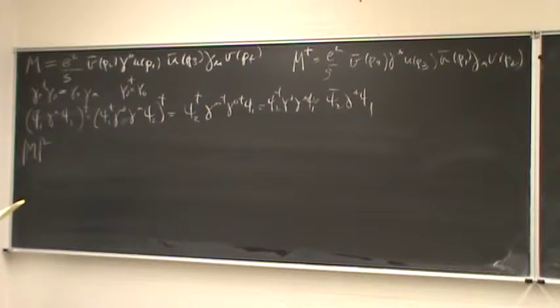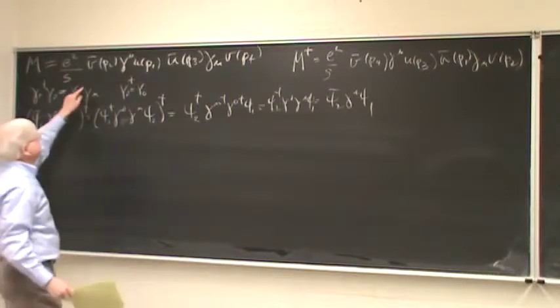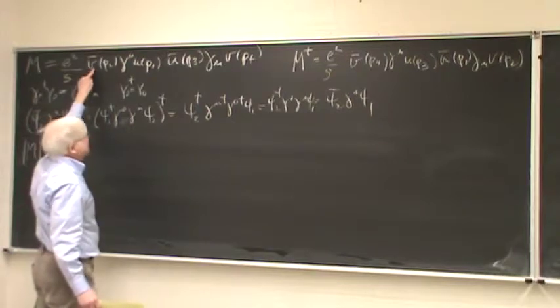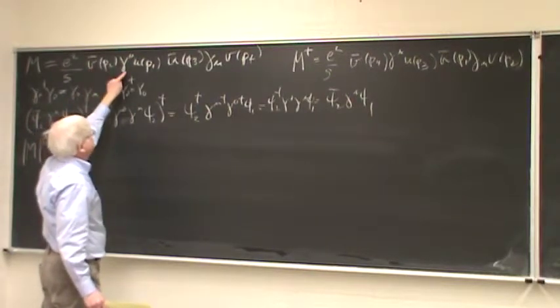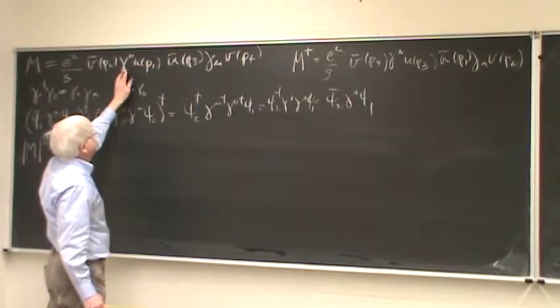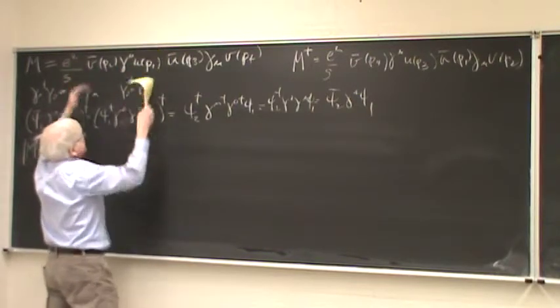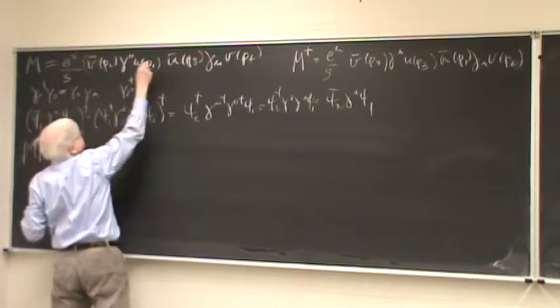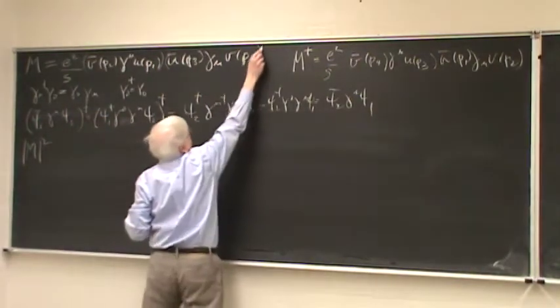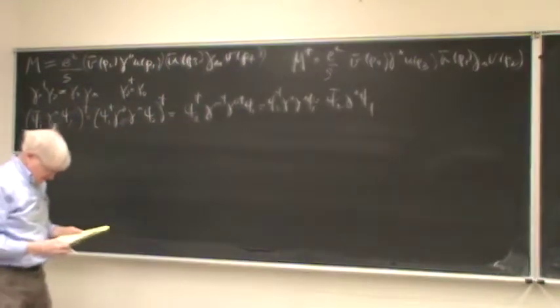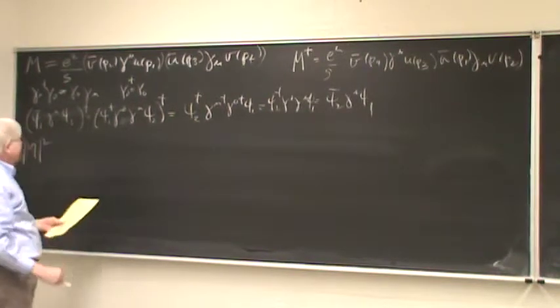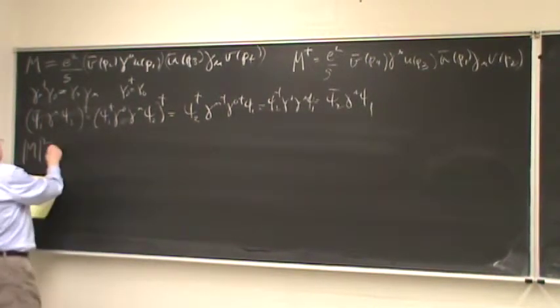Thank you for clarifying. I was a little bit confused. Right. What happens is you've got a spinor index contracted with this spinor index, and then another spinor index here with that one. So this is a number, this is a number, that's a number, and two numbers make a number. Okay. So what is M squared?